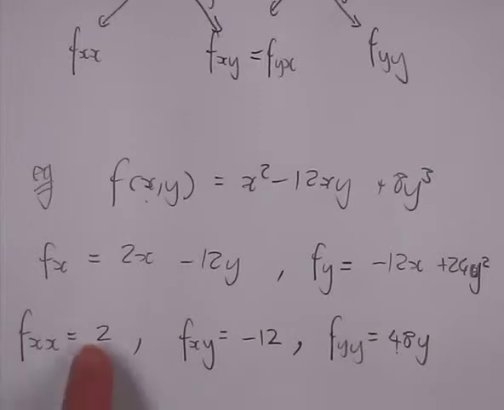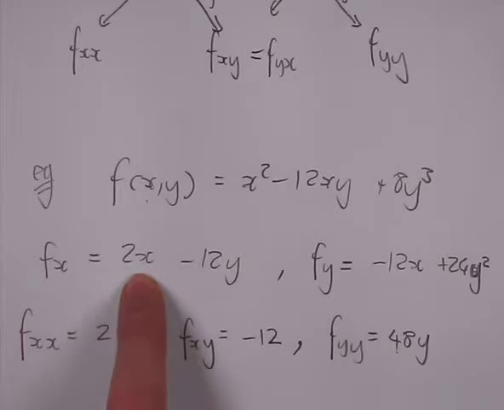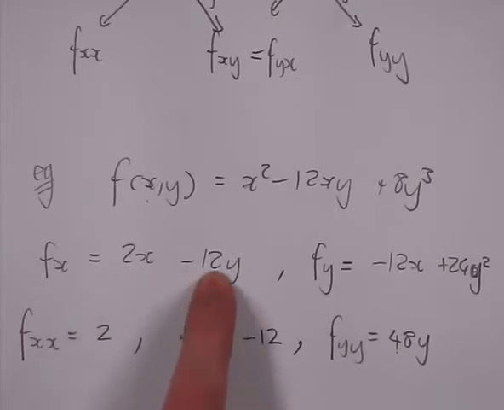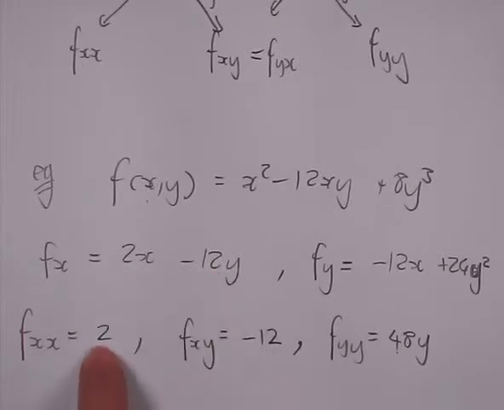This tells me that in the x direction, the slope is 2x minus 12y, and the curvature is 2, which means it's curving upwards. At every point, it always curves up in the x direction. In the y direction, it curves at 48y.